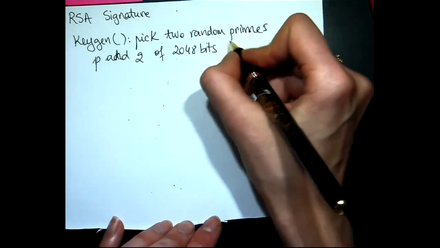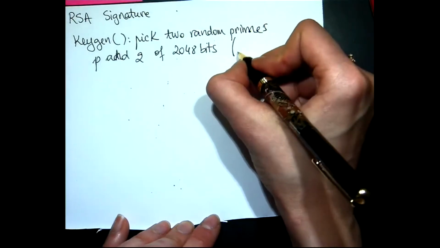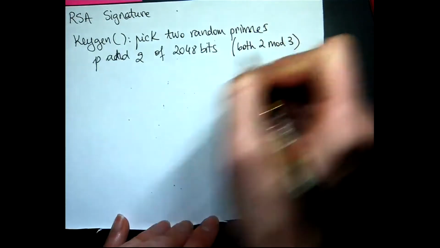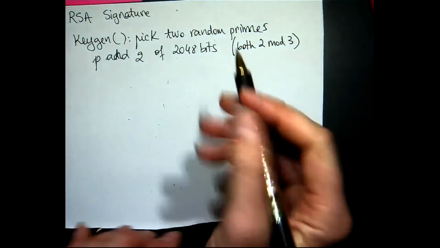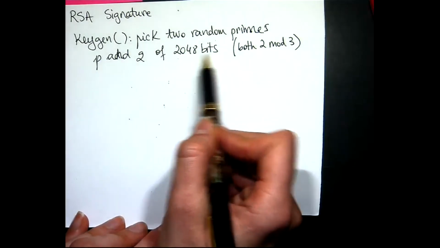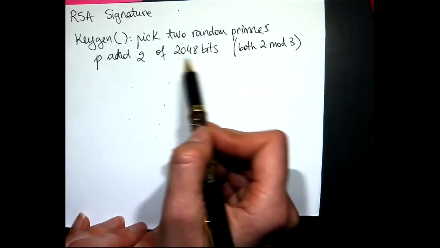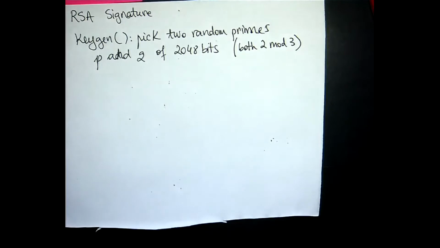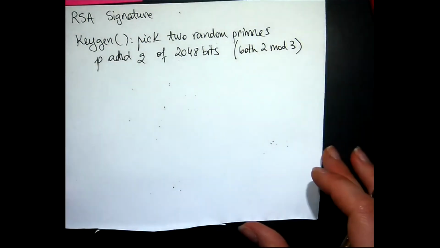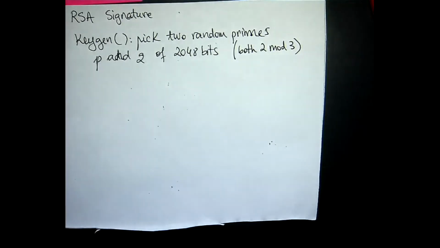And then there's a technicality that they are both 2 modulo 3. Anyways, it's a technicality for reasons I'll mention later. But basically, they have to be of this size because, at least today, factoring a number that consists of primes of this size is going to be difficult. And we'll see that the RSA signature relies on the difficulty of factoring.